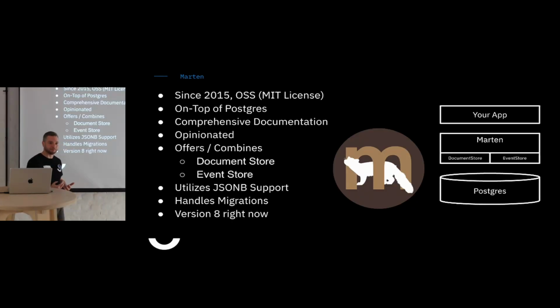That's the JSONB support of Postgres, so it serializes our objects into JSON and saves it. It handles migrations for us, so we don't have this huge folder. And just for your information, it's actually version 8 right now. Just want to highlight that it's actively under development.